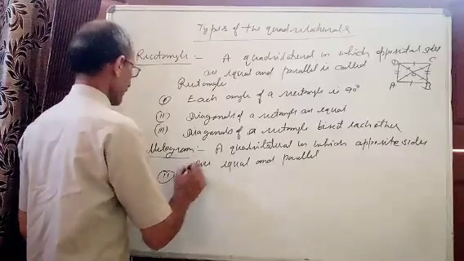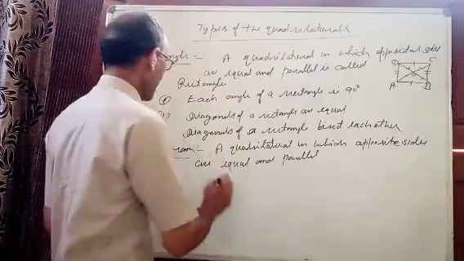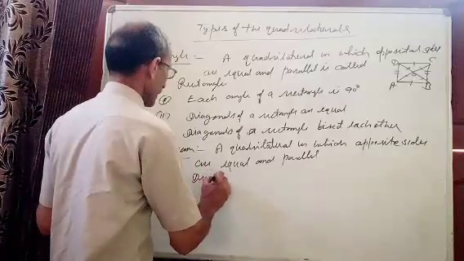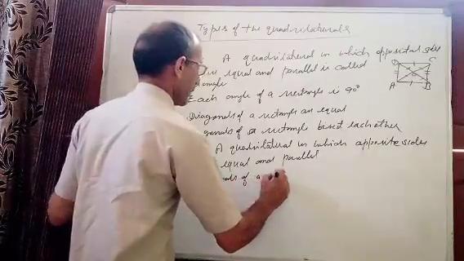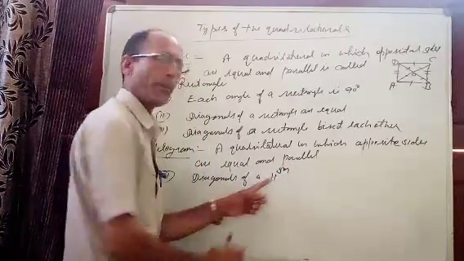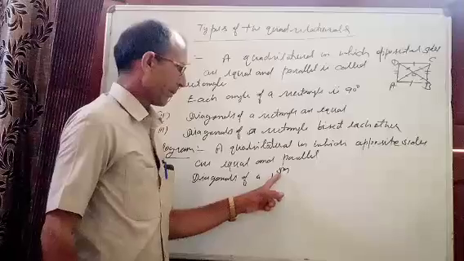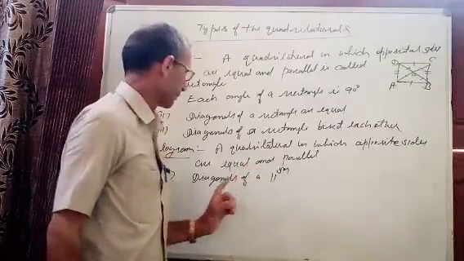Second, diagonals of a parallelogram are equal. You can write like this also. This symbol stands for parallelogram. You can write parallelogram or you can write like this also, no problem.